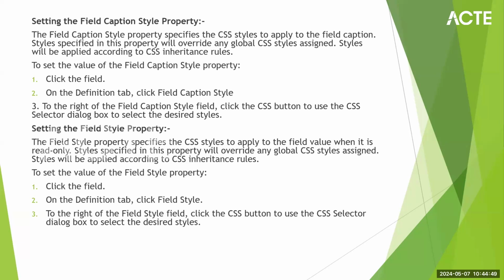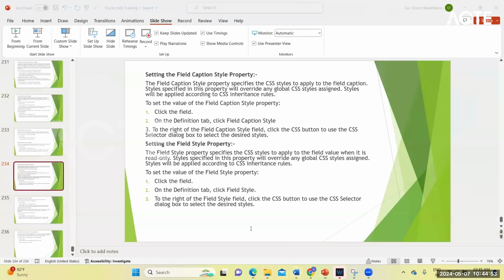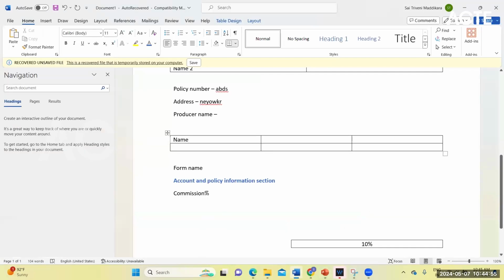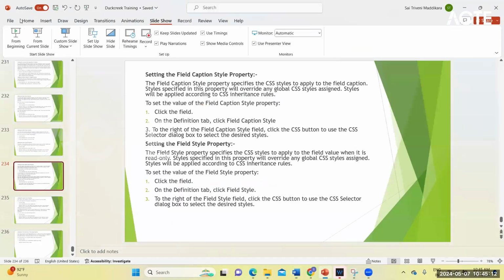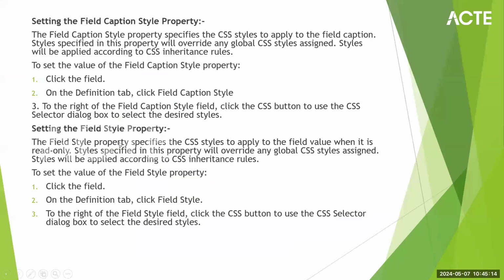See, this is the field caption property. This is the field property, for the value that is there in the particular field. If you want any other style to be displayed, you can use this property.